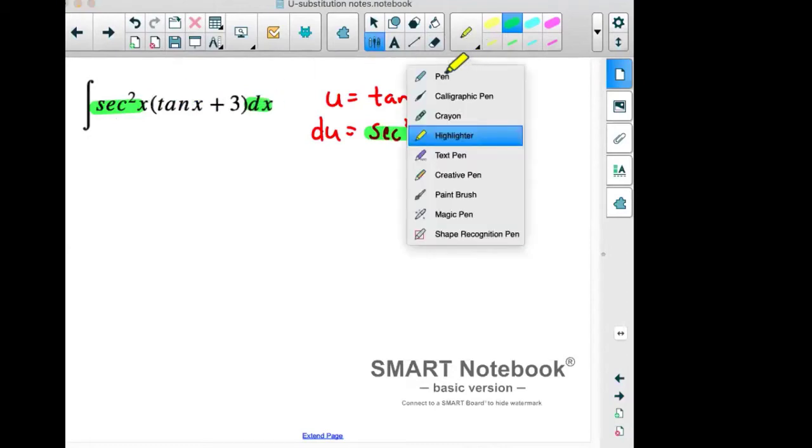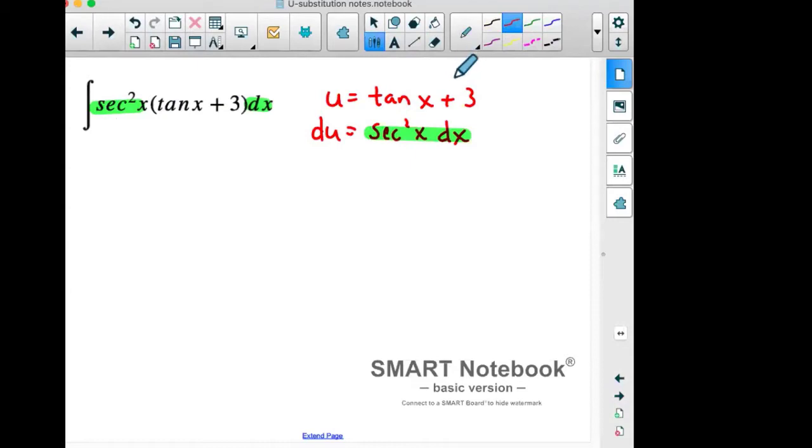So you have to really think about what your derivatives are in order to figure out what needs to go in there. So I'm going to do my substitution in. So tangent x plus 3 is u. Secant squared x dx is du. And so I can integrate. What's the integral of u du? 1/2 u squared plus c.